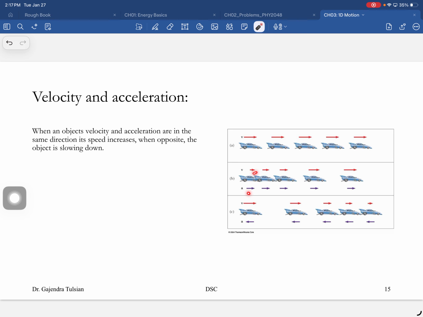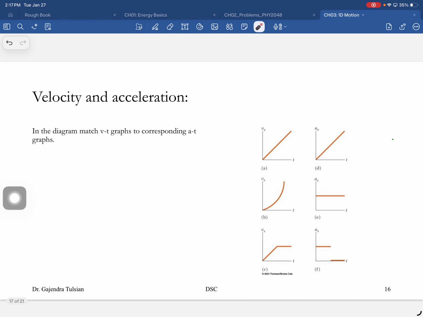So there are other forces, there's lift and so on. That's not a free fall. So when gravity is the only force acting on it, the acceleration vector is pointing downwards, and the magnitude of this acceleration is 9.8 meters per second squared.